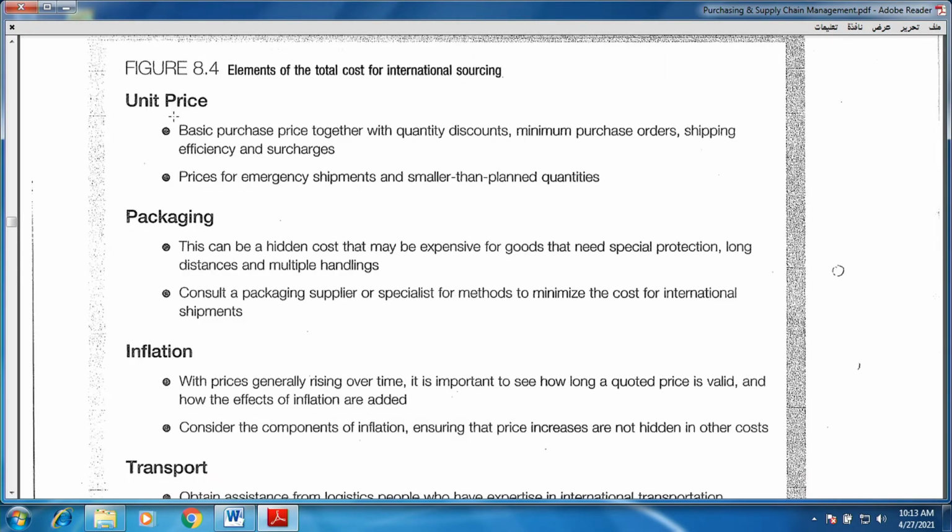We start with the unit cost, yes, the basic purchase price. We need to think about the order we place with the producer.